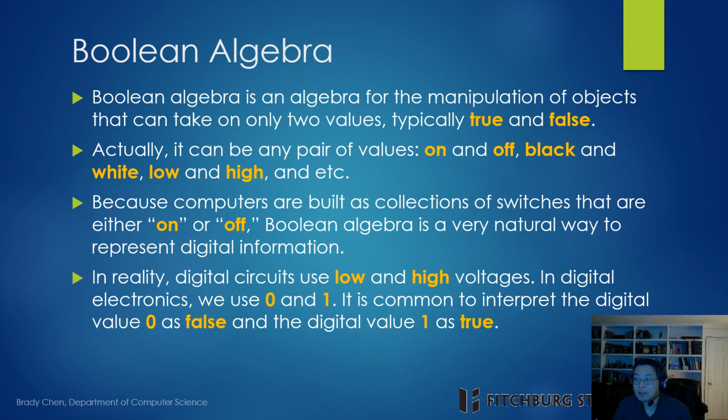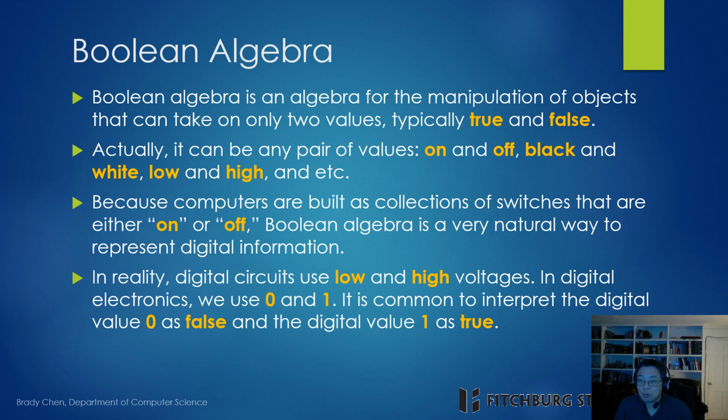Now in that case, the values for a switch could be on and off. Okay, or some object which takes values like black and white, or like in electricity, you can take signals like low or high. So now why do we want to extend the concept of Boolean logic into Boolean algebra?